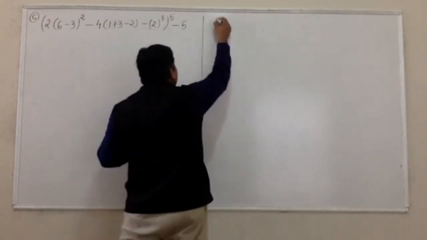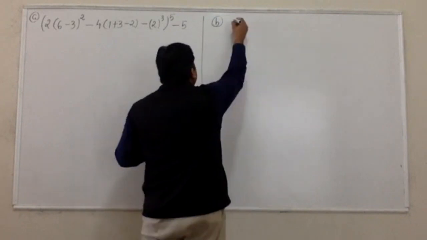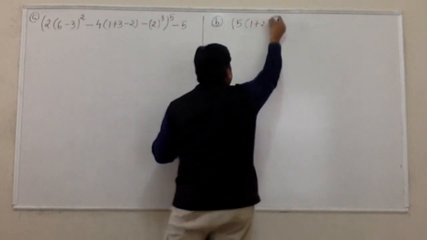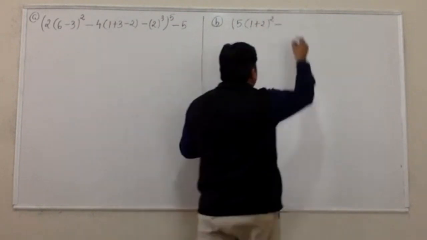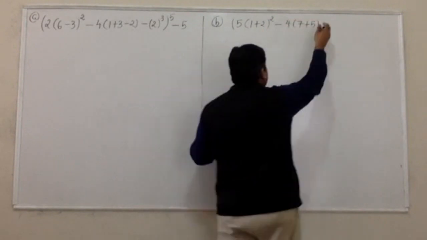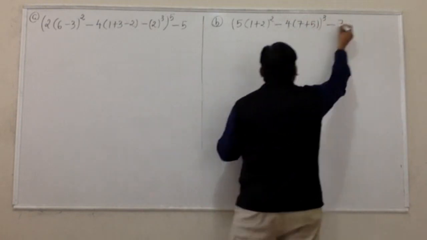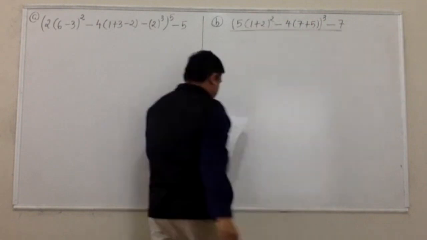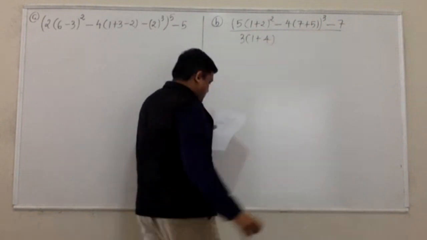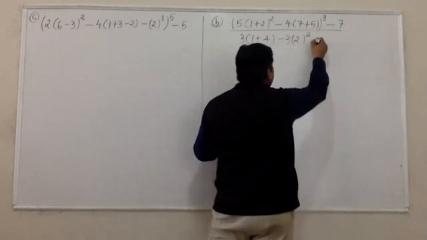And then the second expression has 5 times 1 plus 2 square, minus 4 times 7 plus 5, the whole thing to the power 3, minus 7 over 3 times 1 plus 4, minus 3 times 2 to the 2, minus 1.